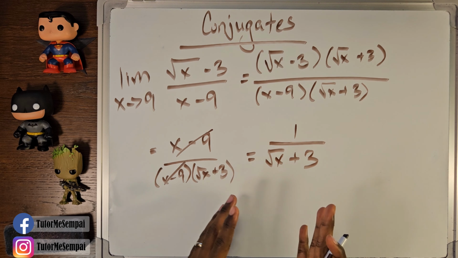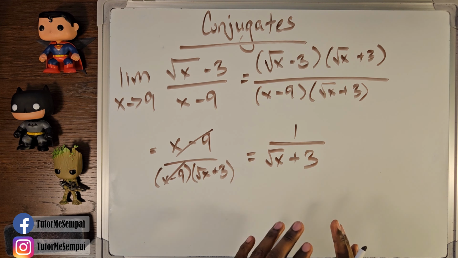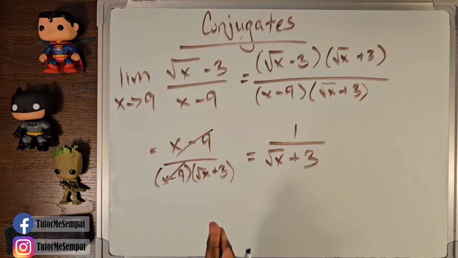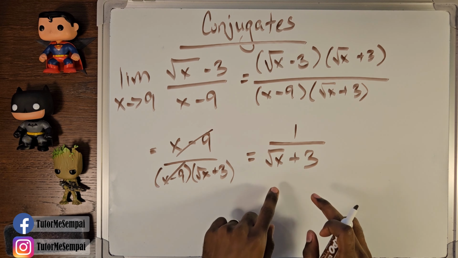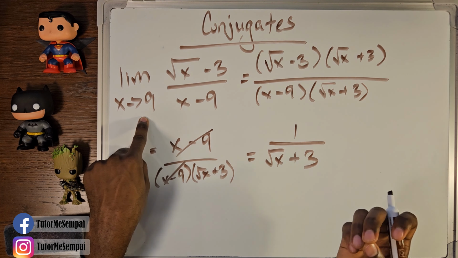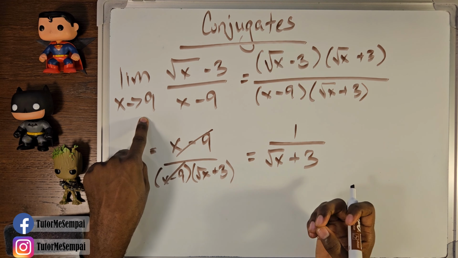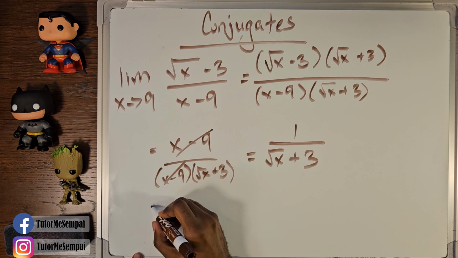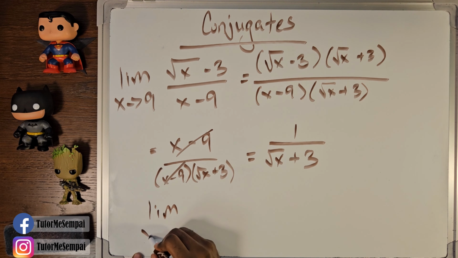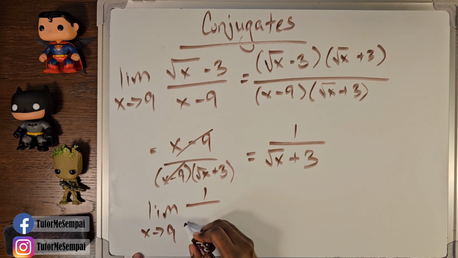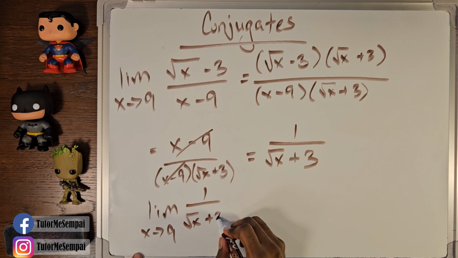Now, we don't really like to have radicals in the denominator, but it doesn't really matter in this case. That's because we want to see, are we continuous at this point 9 for this function? If we are, we just want the value, because that's going to be our limit. So we can rewrite this limit up here to be the limit as x goes to 9 of 1 over the square root of x plus 3.